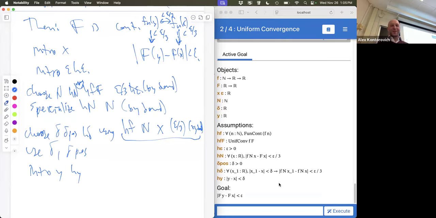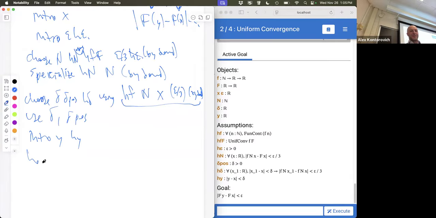We need the triangle inequality thing, right? So I'm just going to say have F1, which is that the absolute value of Fy minus Fx is less than or equal to the absolute value of Fn y minus F y, plus Fn x minus F x, plus Fn y minus Fn x.